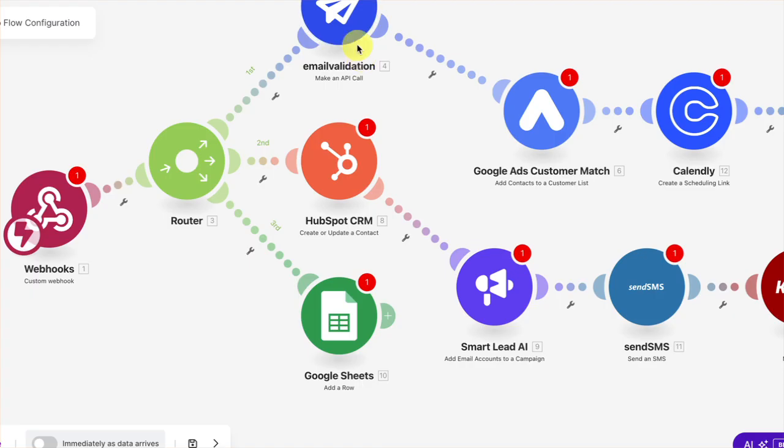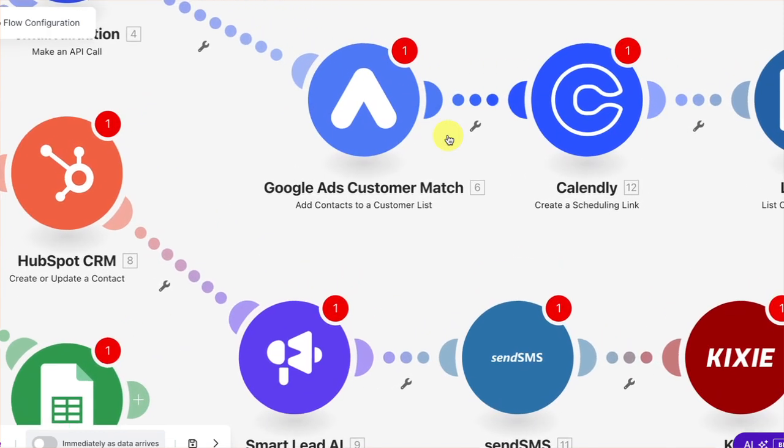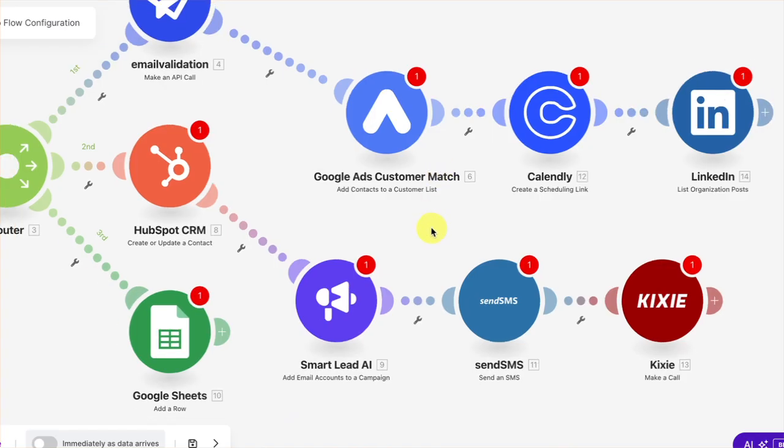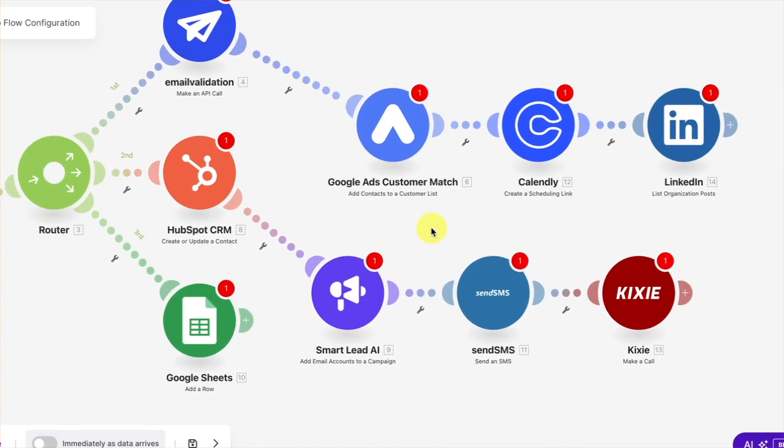After that's been validated, we're passing this over to a custom audience on the Google Ads platform. We're driving leads from Google Ads, and we want to match these particular people as both a behavioral and a direct target to a Google Ads campaign. That helps to train the algorithm and show our ads to the people that we want to show them to, that we've qualified outside of Google.